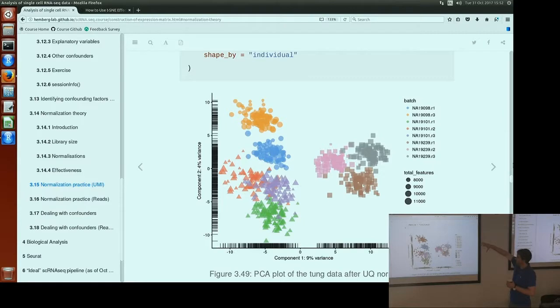Now there's a bit more distance between the two batches for that individual, NA19098. So this is probably not looking as good, although this is where it gets a bit hand-wavy, arguably not looking as good as the previous methods, since now the distance between the individuals, which we expect to be the major driver of differences between cells, is less than previously.